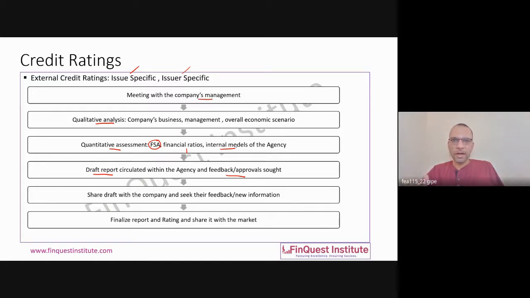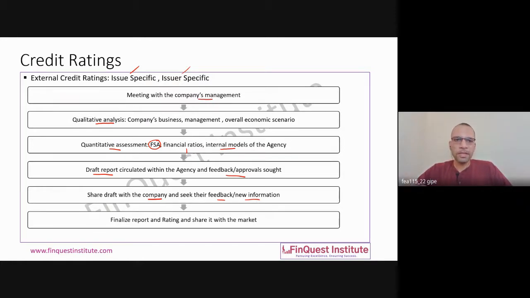Once this draft has been finalized within the agency, that final version of the draft will be shared with the subject company, whose credit rating is happening. It will be shared with the company's management to seek their feedback and new information, if any, because credit rating can be a longer process.